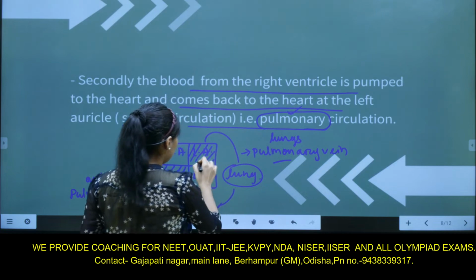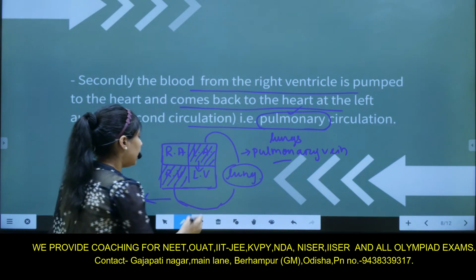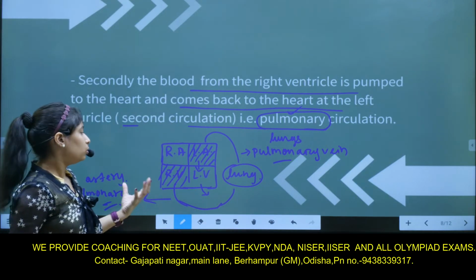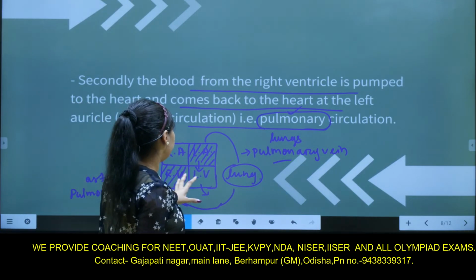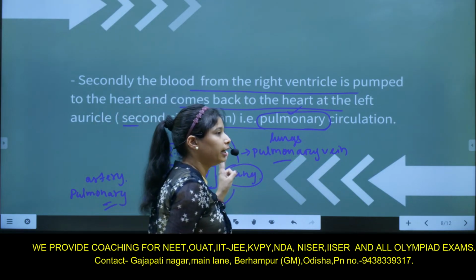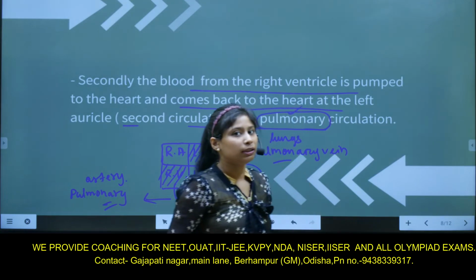Then the left auricle passes the oxygenated blood to the left ventricle and the left ventricle will pass the oxygenated blood to the body through the aorta. Here only the lungs and heart are involved in the pulmonary circulation, and it is the second complete circulation of the double circulatory system.